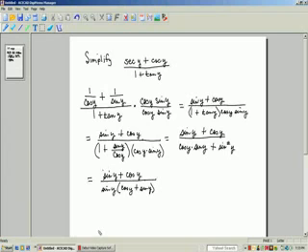So now we have a situation where we have a factor that's common in the numerator and in the denominator. So that leaves us 1 over sine y. And we know that 1 over sine is cosecant.